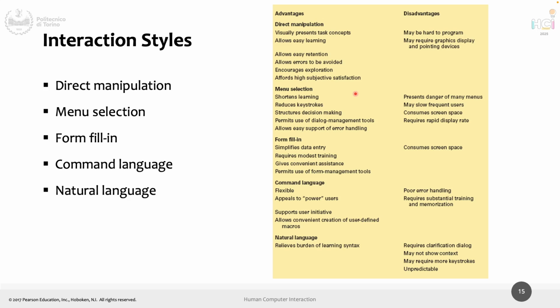Drag and drop is an example of direct manipulation, something you manipulate directly. Menu selection? Drop-down menu. Yeah, more than drop-down menu. When you have a menu, that could be drop-down or not, and you select an item in a menu, you do not need direct manipulation.